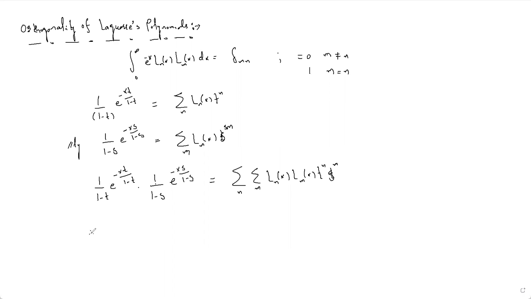Therefore, as we did in the last case where we talked about the Hermite as well as the Legendre polynomials, I will multiply both sides by e to power minus x, and then we'll integrate.